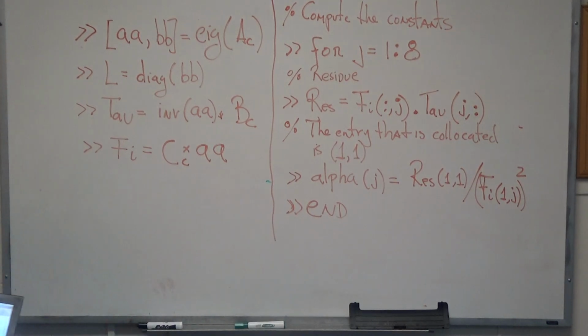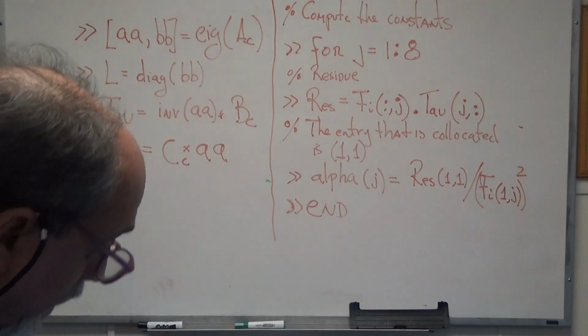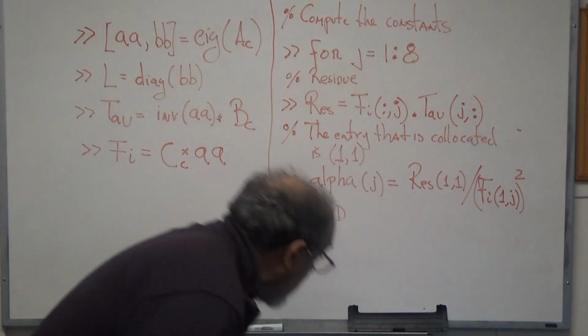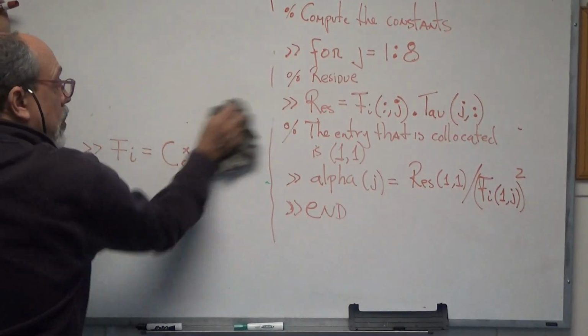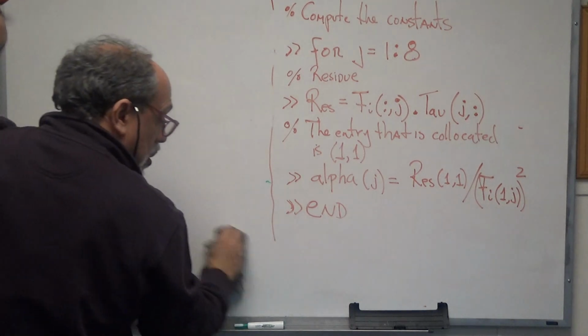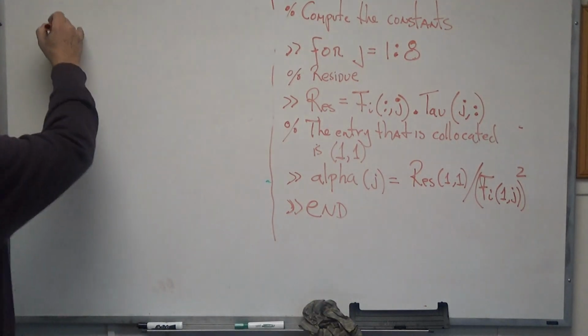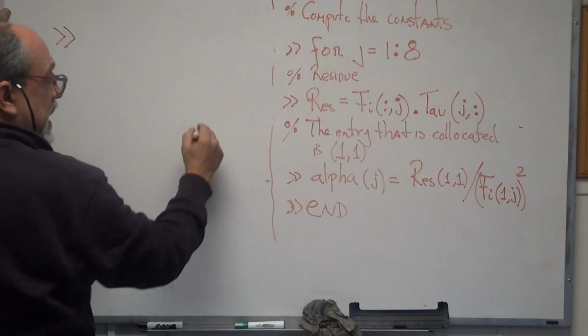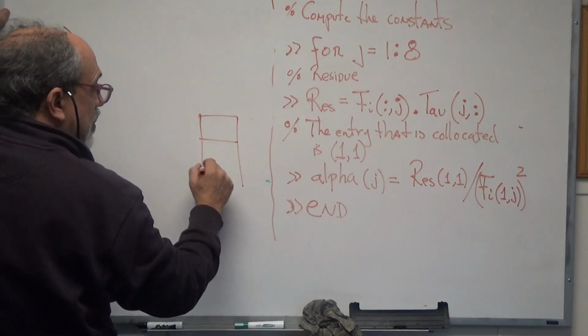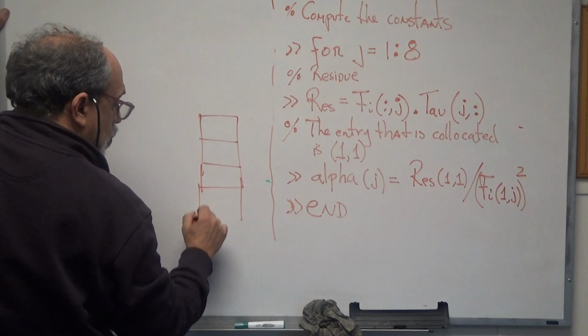Now, given the constants alpha that have been computed, we now can calculate. Let's assume that the alphas are known. So now that the alphas are known, we can calculate the normalized, remember the building again, 4, 3, 2, 1, right?